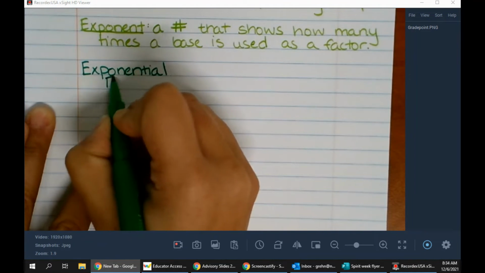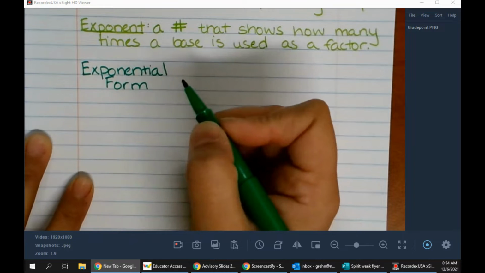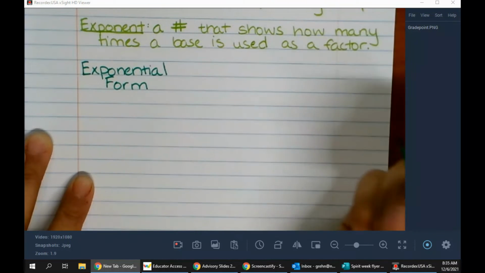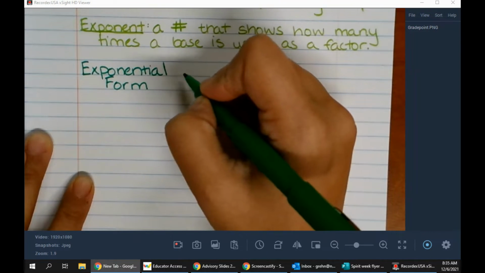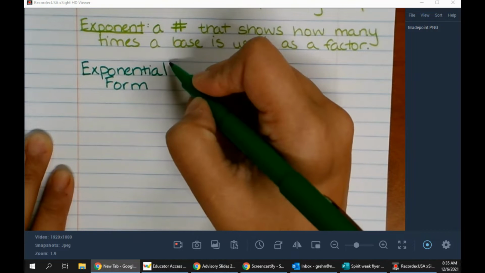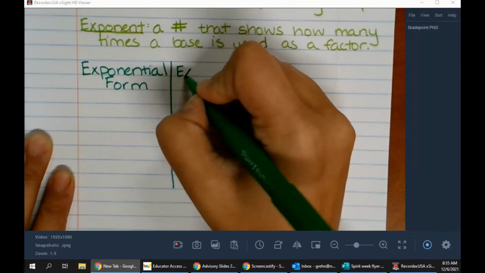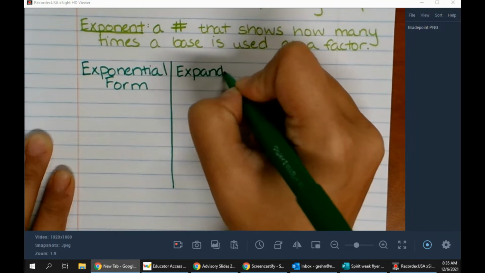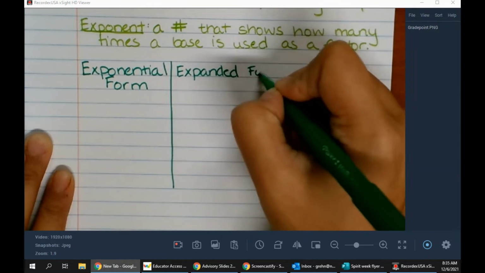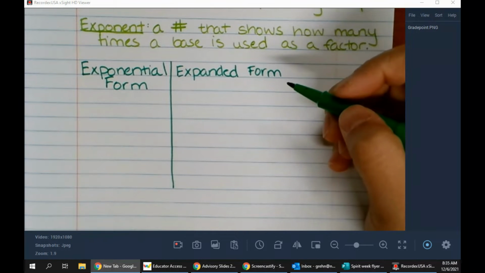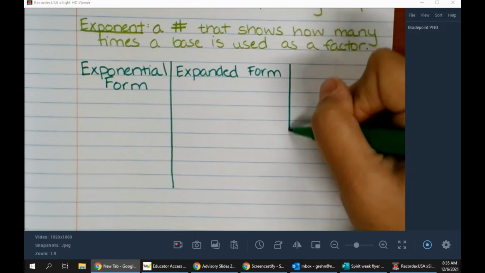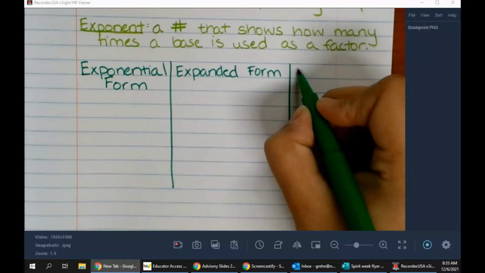And this column doesn't have to be very big. The middle column is going to be expanded form, and that's probably the column that's going to take up the most amount of space. And then lastly, we're going to have standard form.